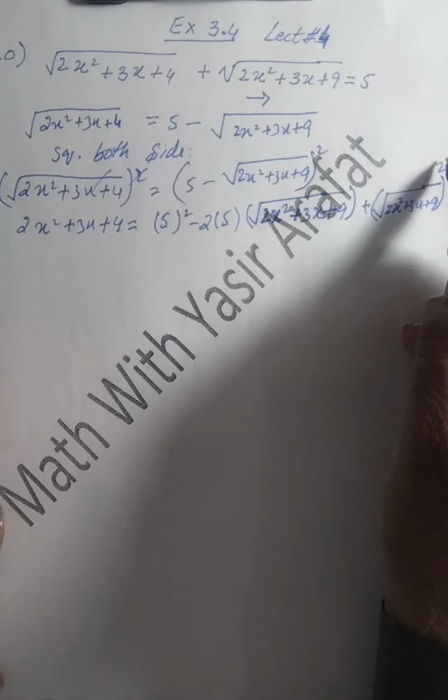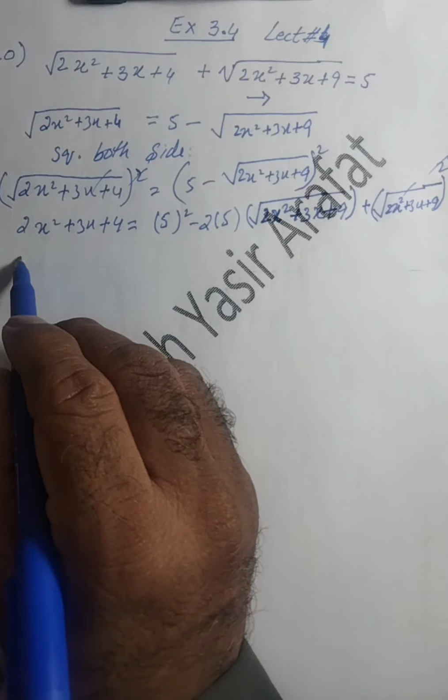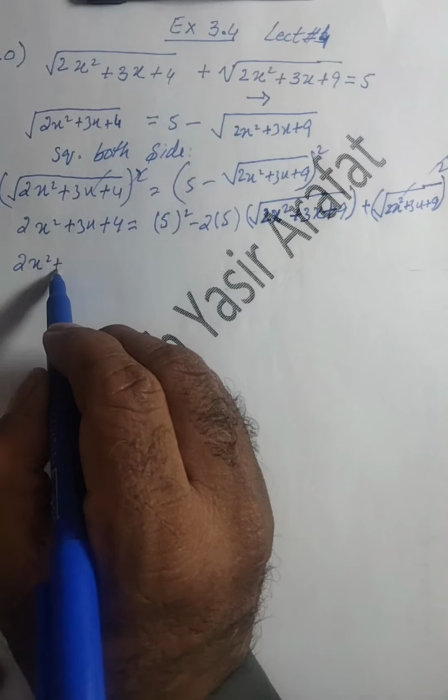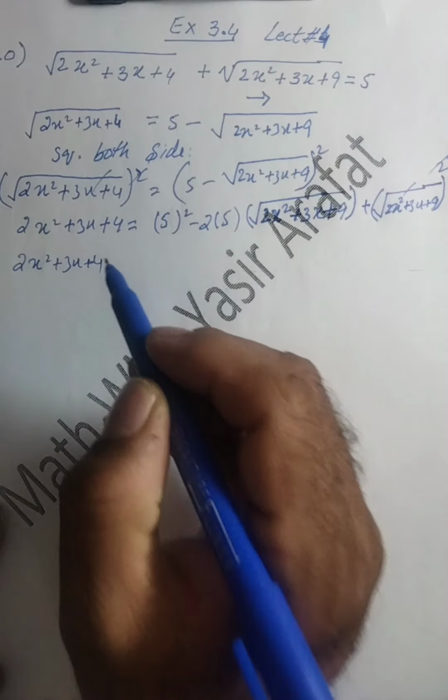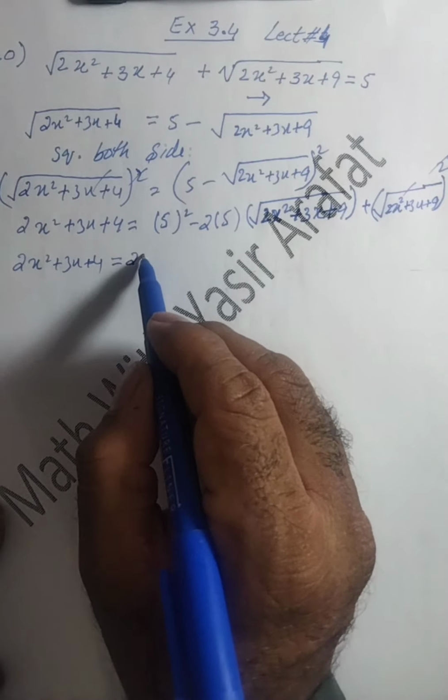So this square cancels out, and this is 2x square plus 3x plus 4, and now 25.